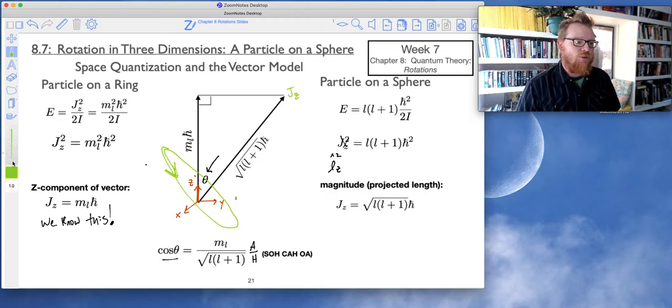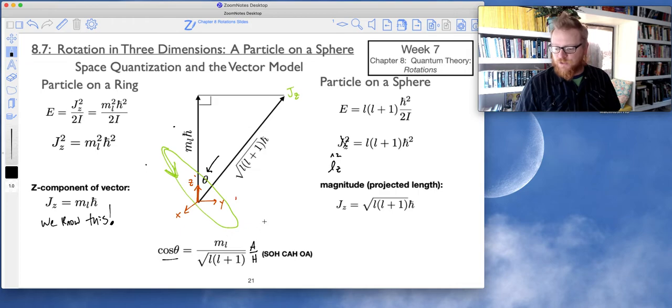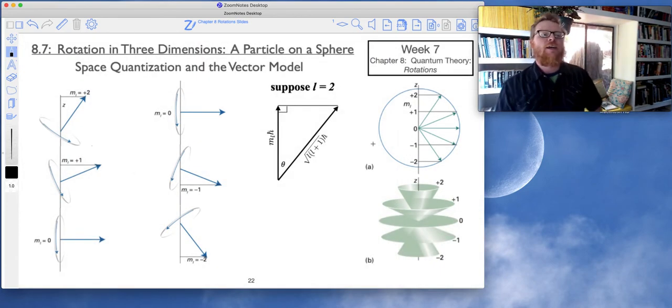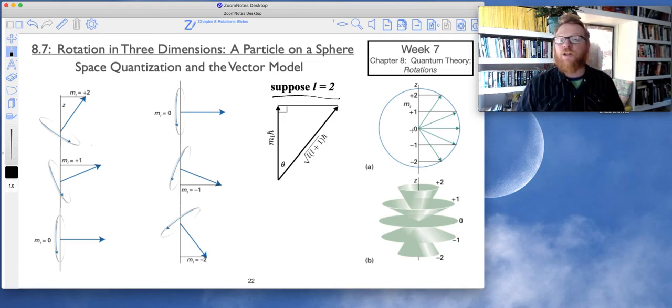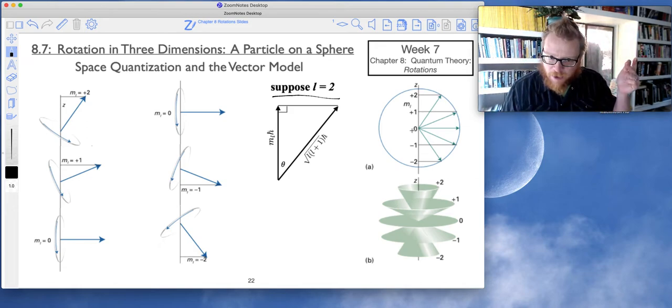Really I should say different angles of our orbit. So here's what that looks like. Suppose L is equal to 2. Then we know that we can have ml equal to +2, +1, 0, -1, and -2.